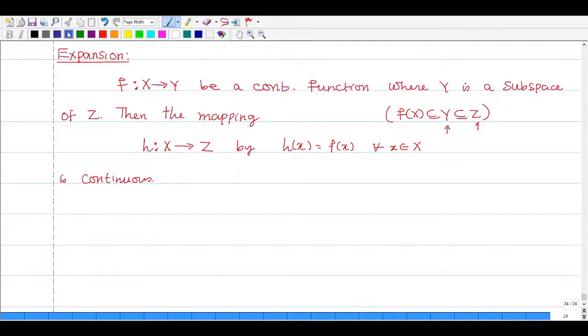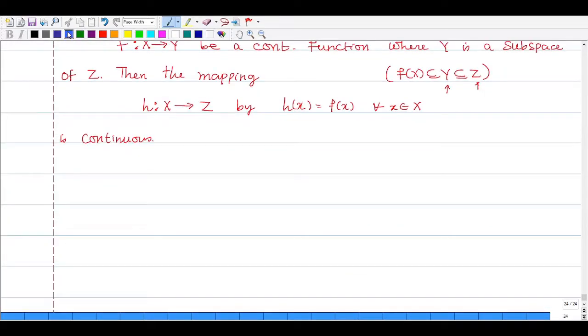இது ரொம்ப சிம்பிள். இதுக்கு எப்படி ப்ரூஃப் கொடுக்கிறது அப்படின்னா ஒண்ணும் இல்ல. கன்சிடர் ப்ரூஃப் வந்து என்னது? Proof: consider the inclusion map. யாரு? J. Okay, it is a map J. It is a mapping from Y ல இருந்து Z. எப்படி டிஃபைன் பண்ணீங்க? J of y which is equal to y for every y belongs to capital Y is continuous.